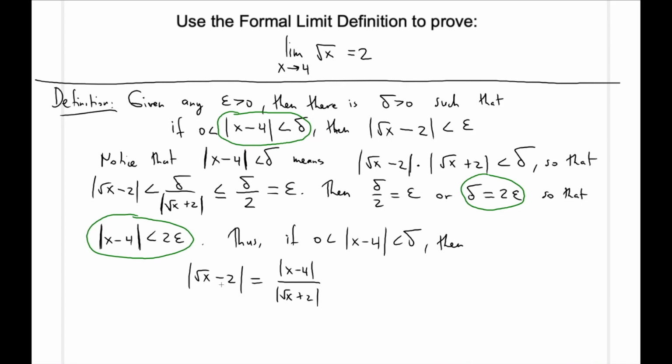But the good news is that we know the top can be manipulated, because we know the top is less than twice epsilon. So this is going to be less than twice the epsilon over square root of x plus 2. That's going to be less than or equal to, now we're getting to this part right here.